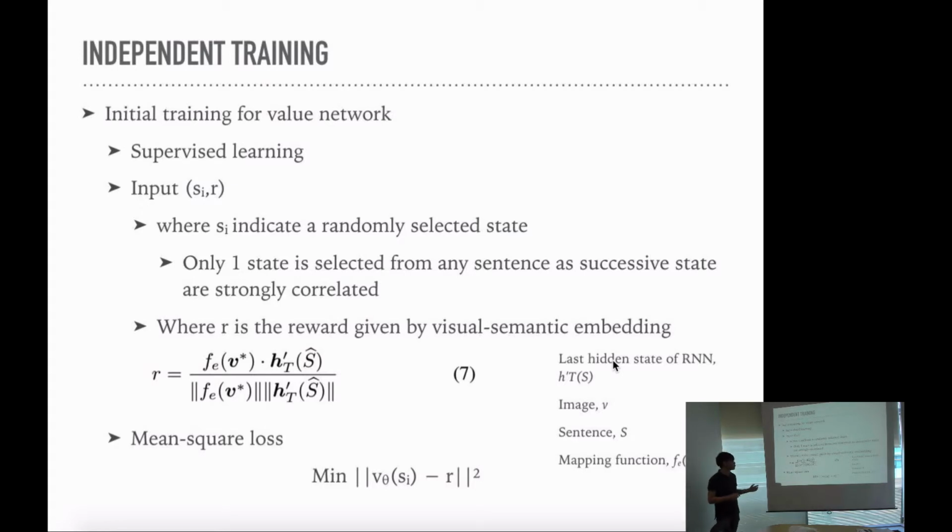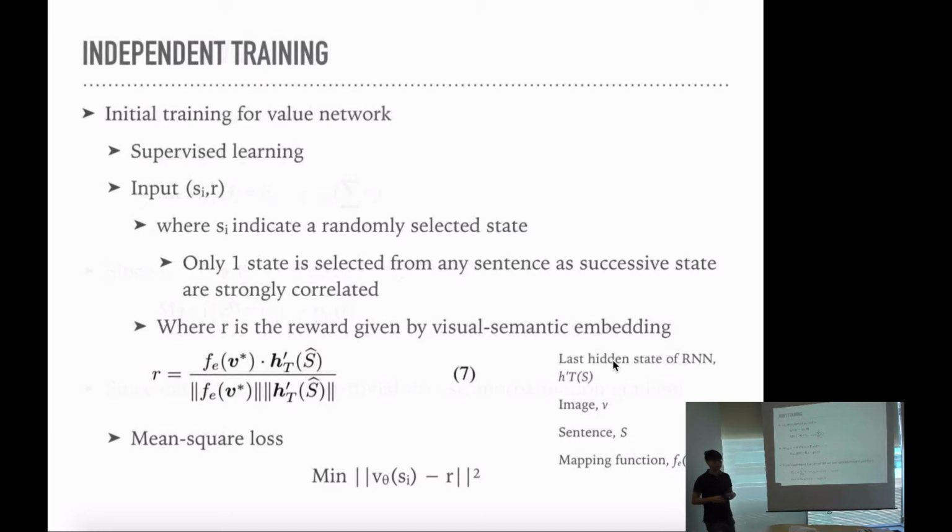So we select a state from each sentence, and then we train it with the reward that is generated by the visual semantic embeddings. This is the formula to calculate the reward from the visual semantic embedding. Then we use mean square loss. This is the output of our value network, and this is the R from the semantic embedding, so we want it to be as close as possible to that.